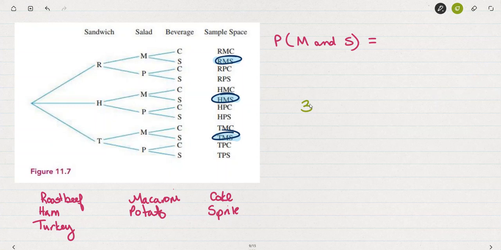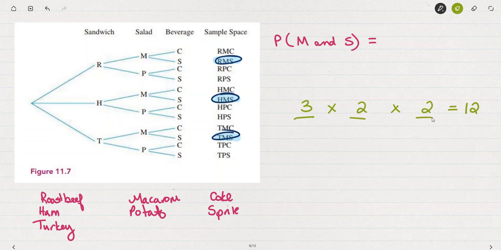Well, there's 3 ways to select a sandwich. There's 2 salads to choose from, 2 soft drinks to choose from. So it looks like the total number of outcomes in the sample space is 12 again. So we find how many ways we could do each event, multiply that to get the total number of elements in the sample space.